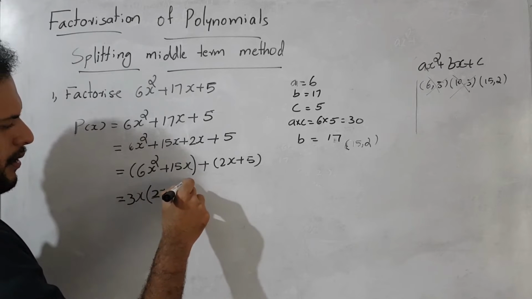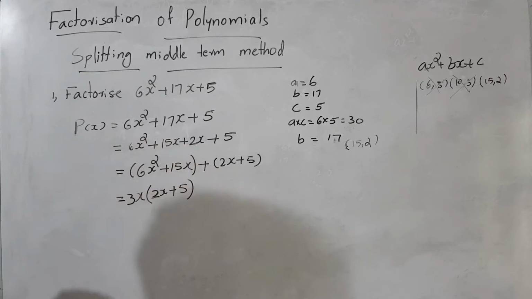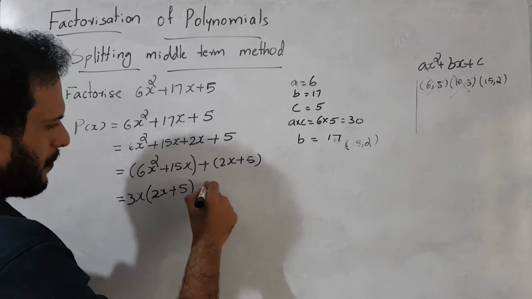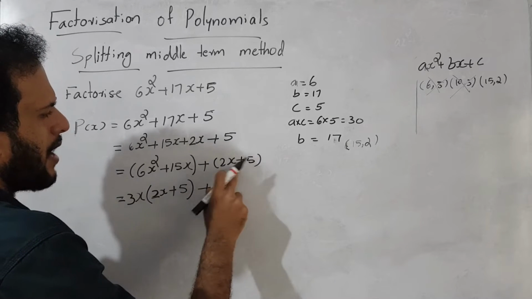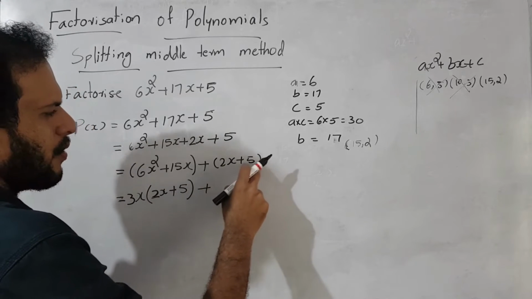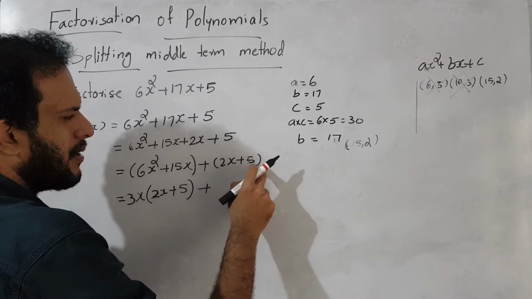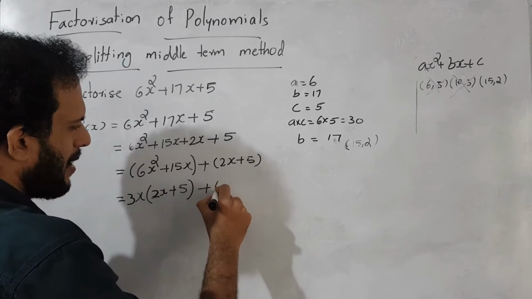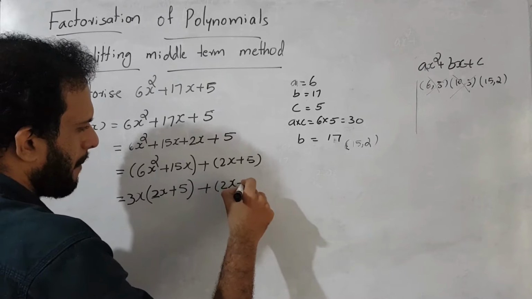Then what is remaining? Nothing is there. Then what is remaining inside the bracket? 2x plus 5. Any common factor here? 2 and 5. Any common number? No. Variables are also not common, so it remains the same, 2x plus 5.